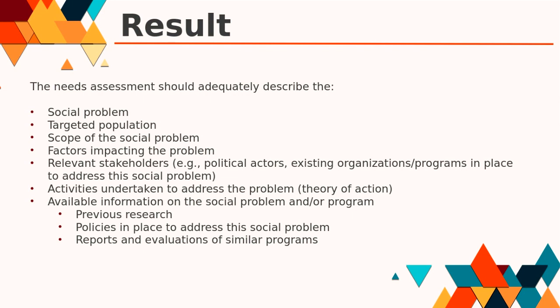And once you go through those two stages of data collection, if you have to collect new data or utilize existing data, the end result will be creating a needs assessment that adequately describes the social problem, the targeted population, the scope of the social problem, factors that are impacting this problem, any of the relevant stakeholders who have a vested interest in the outcomes of the needs assessment, potential activities that could be undertaken or already being undertaken to address the problem, also known as your theory of action, and leveraging available information that may already exist.